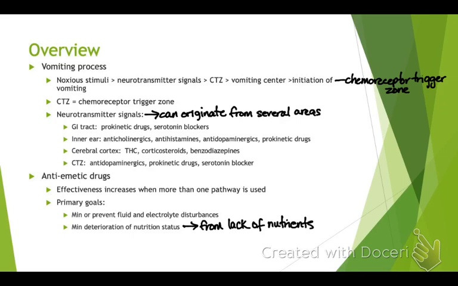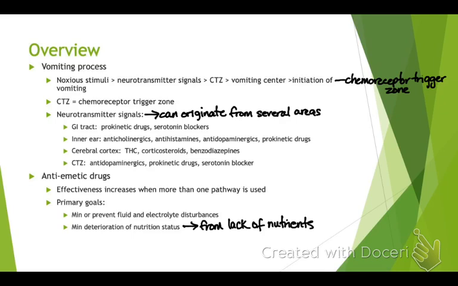Your inner ear can also originate these transmitters, so your anticholinergics, your antihistamines, your antidopaminergics, and your prokinetic drugs all affect this neurotransmitter site. Your cerebral cortex is also a transmitter site, and your THC, your corticosteroids, and your benzodiazepines affect this area.